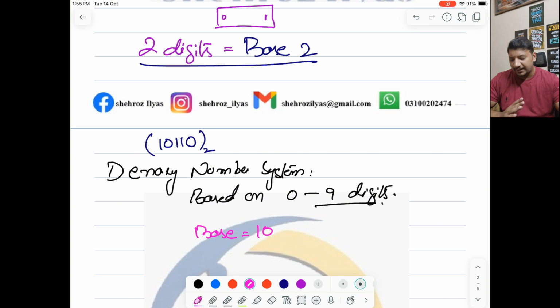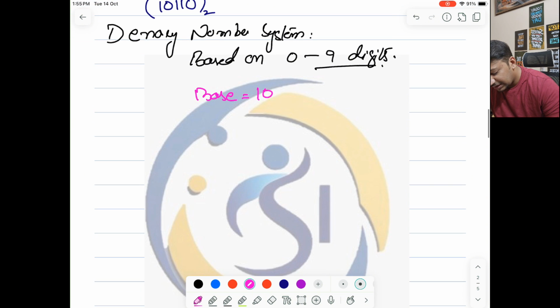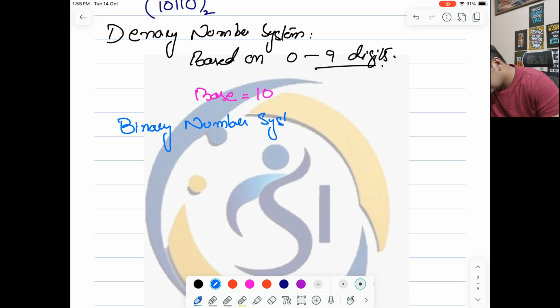Okay, so now what we need to do is convert a binary number system to a denary number system. So how are we going to do that? Our motto is to convert a binary number system to the denary number system.